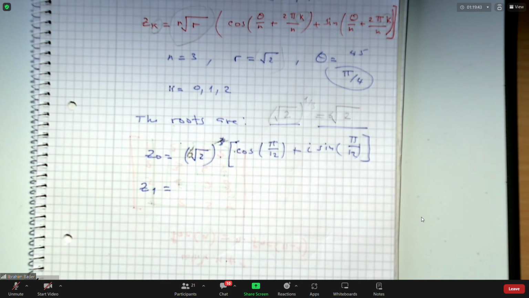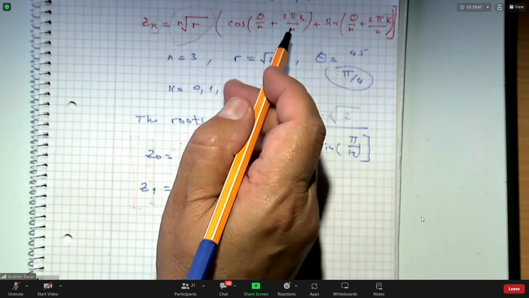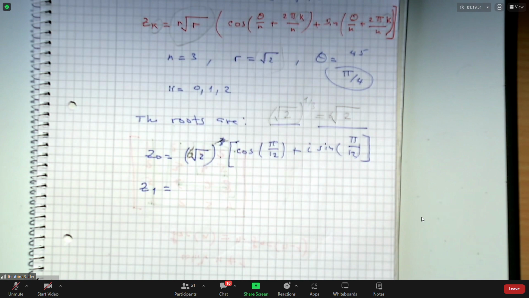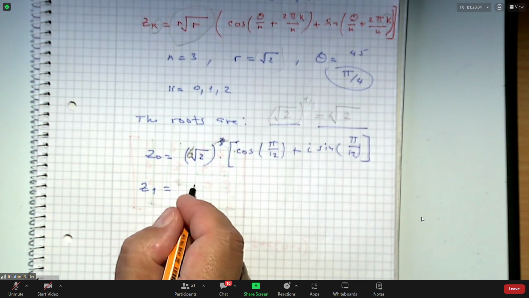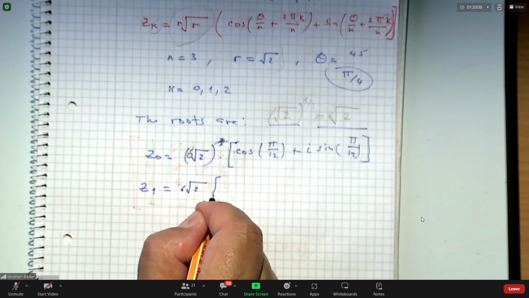Okay, now the next step here, I'm going to plug in k equals 1, and then I will end up with pi over 4 plus 2 pi k. So the 6th root of 2 is constant.